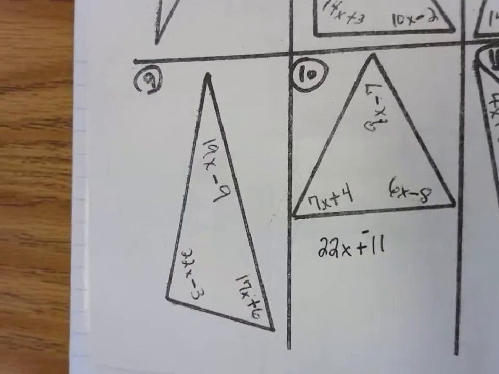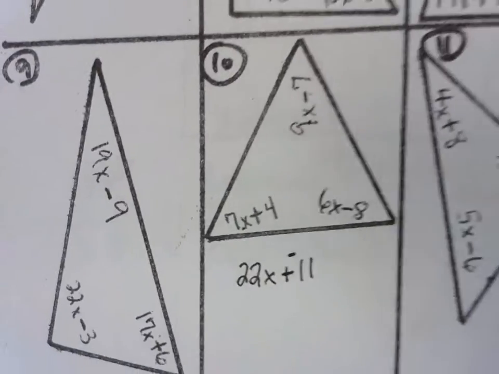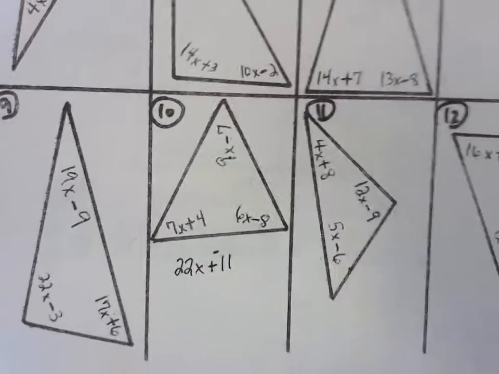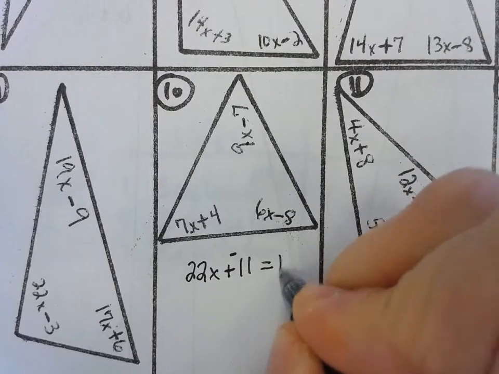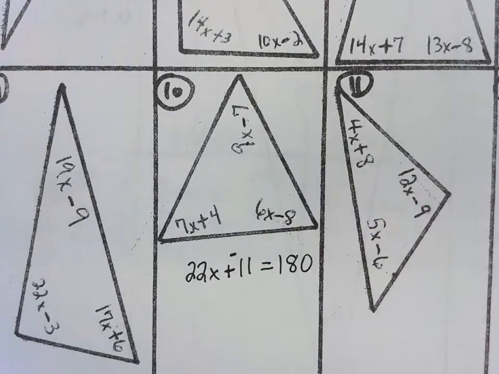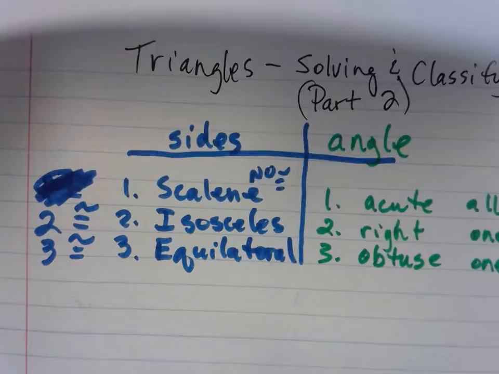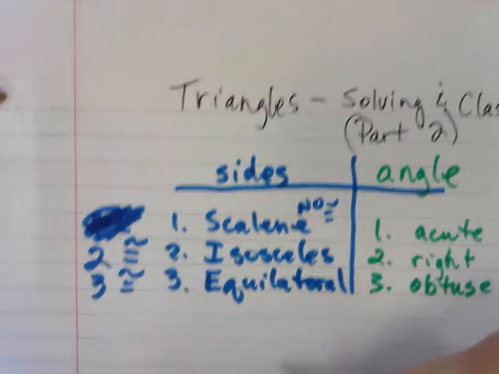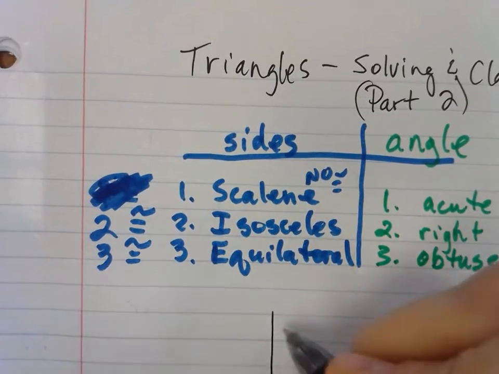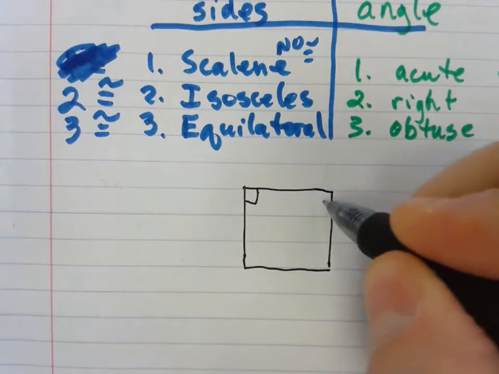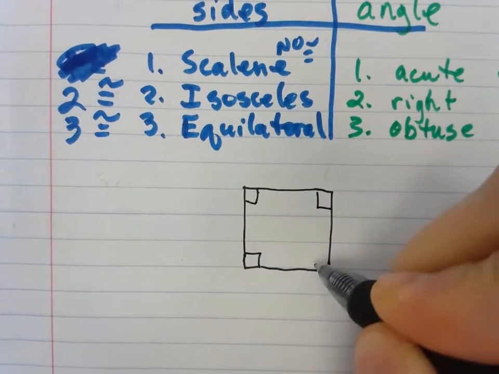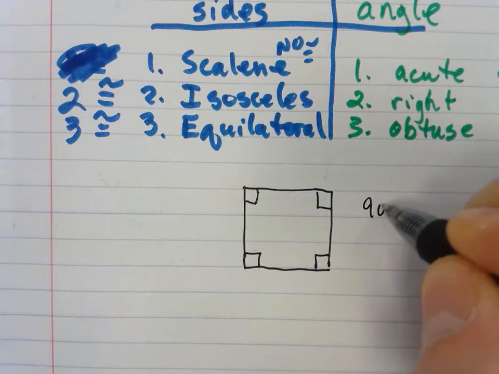I'm going to hunker down on this a little bit closer, so just hold on a second. Alright, I screwed up just a minute. Alright, there we go. Again, all triangles have a sum of 180. Why is that, you may say? Well, if you think about a square, I'll give you a quick demonstration. Y'all see my square right there? That's 90, 90, 90, 90. So what's 90 times 4?